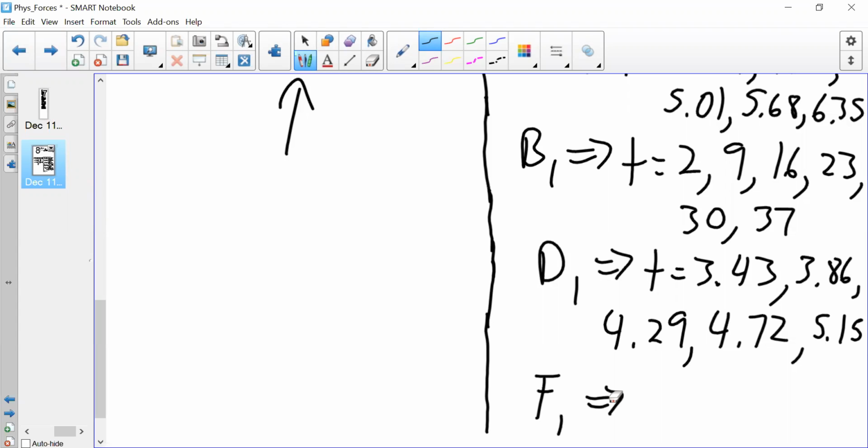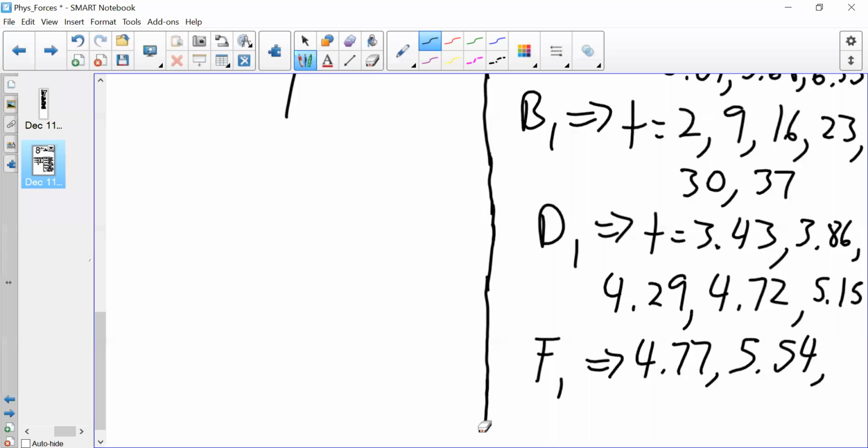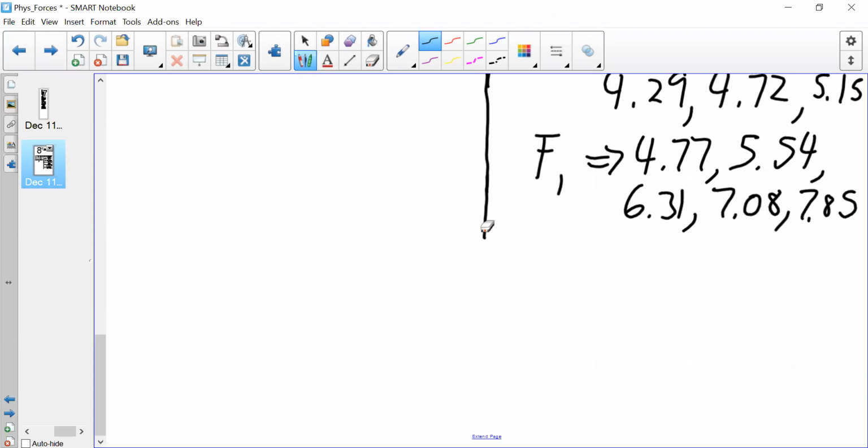Then F1: .77. 5.54. 6.31. 7.85. Actually, I had to do a few more of these.